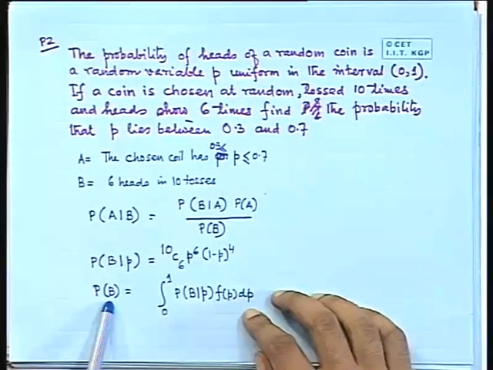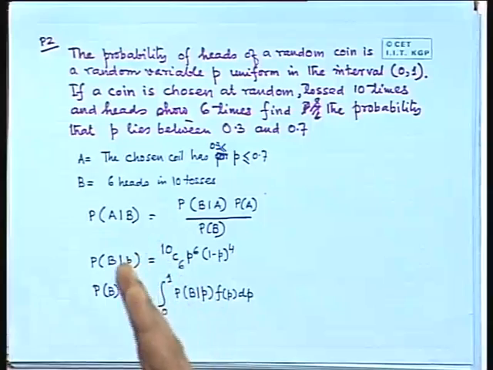Now if you sum up, when you are saying probability of B, you are saying that now I will not sum up for a given coin, I will sum up over all coins. So I will sum up over all the experiments of coin picking also.